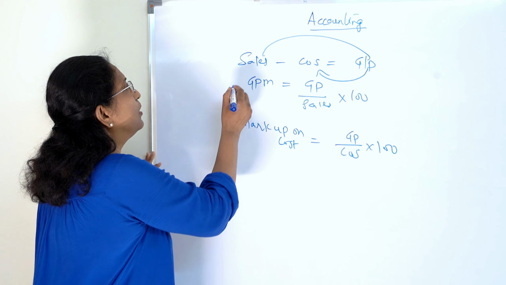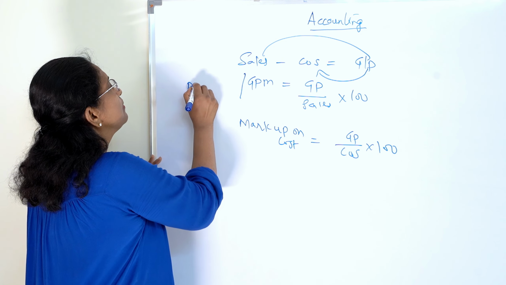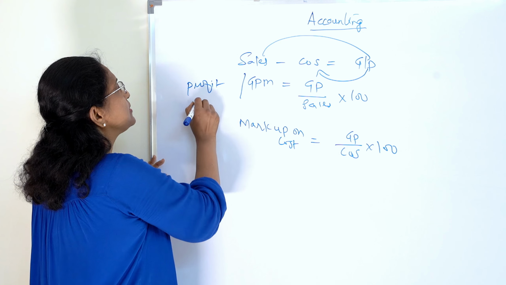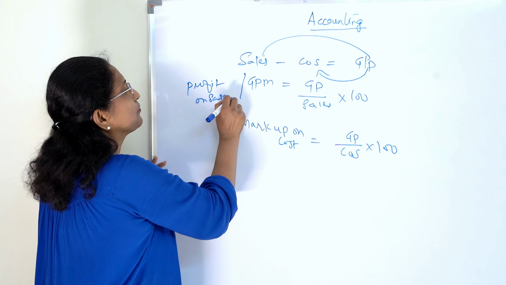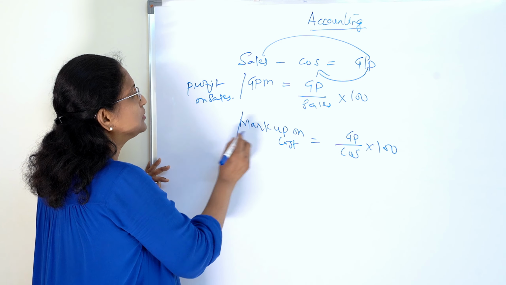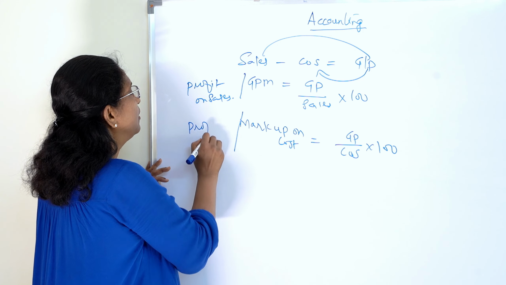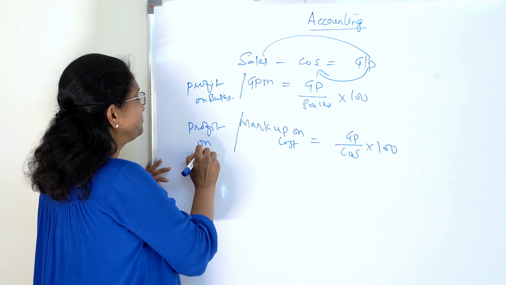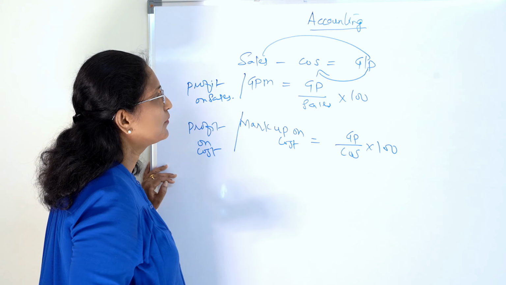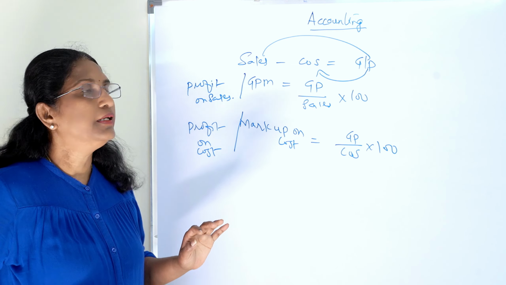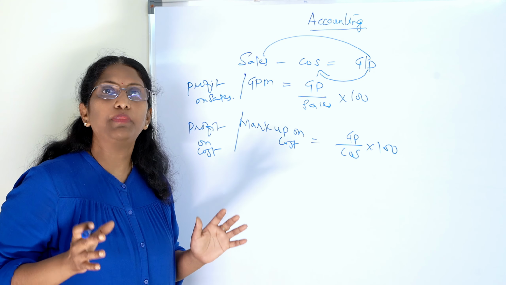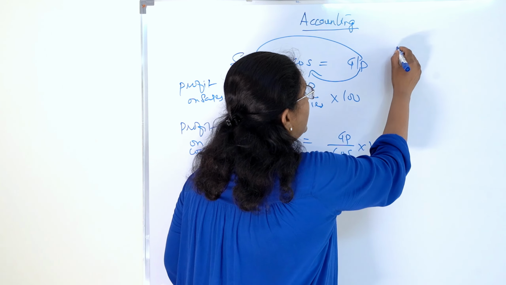That is also called somewhere as profit on sales. And markup on cost is profit on cost. Is that clear?